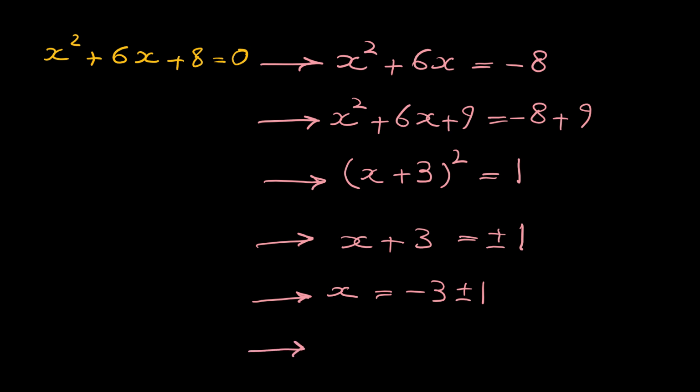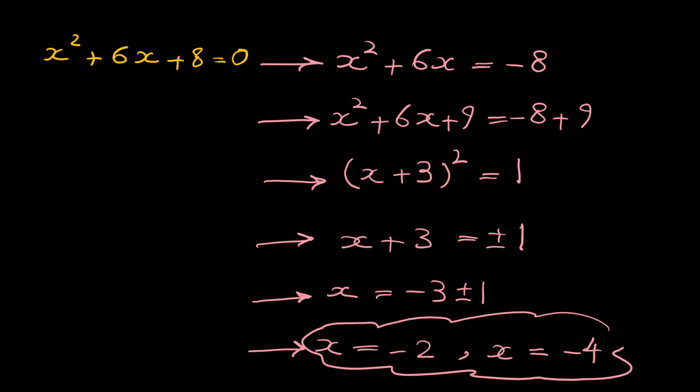If we simplify these two answers, negative 3 plus 1 is negative 2. This is one of the answers. Negative 3 minus 1 is negative 4. These are the two answers, the roots of this equation. So this equation has two solutions, and those solutions are negative 2 and negative 4.